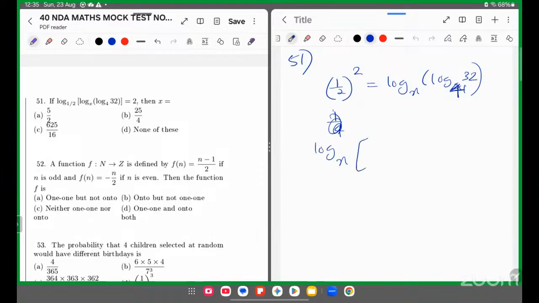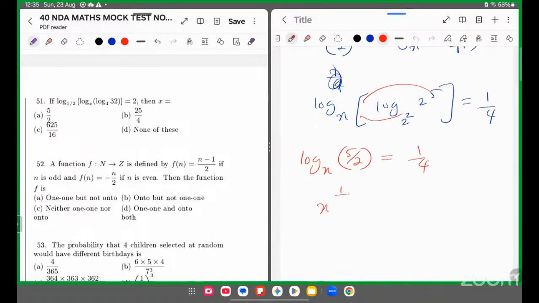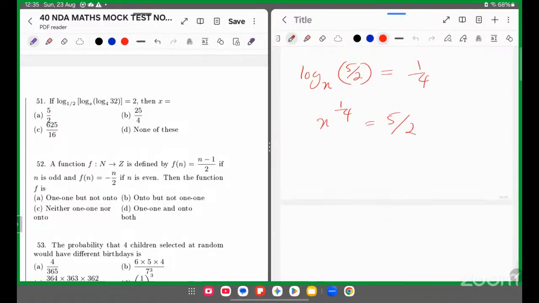So log x of log 2 raised to 5, 2 square, is equal to 1 by 4. So 5 can be taken, 2 can be taken. So log x of 5 by 2 equal to 1 by 4. So x raised to 1 by 4 becomes 5 by 2. So if you take the fourth power, x becomes 5 raised to 4 by 2 raised to 4, 625 by 16. Answer will be option C.